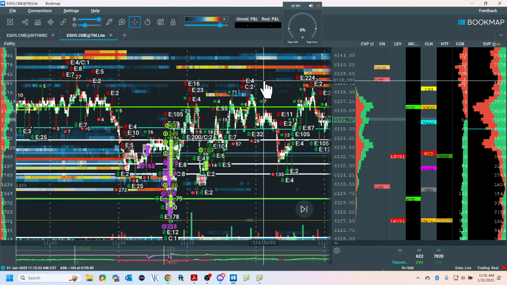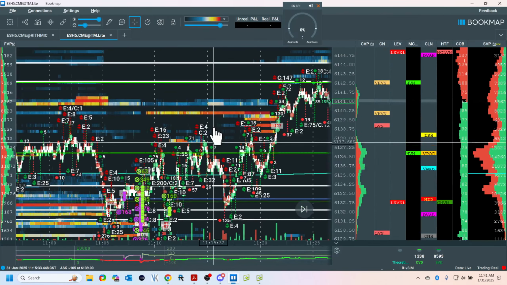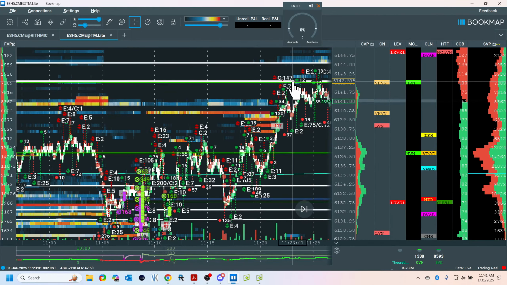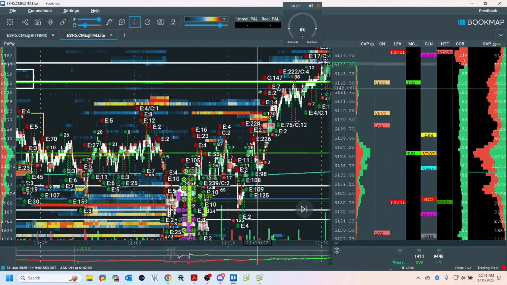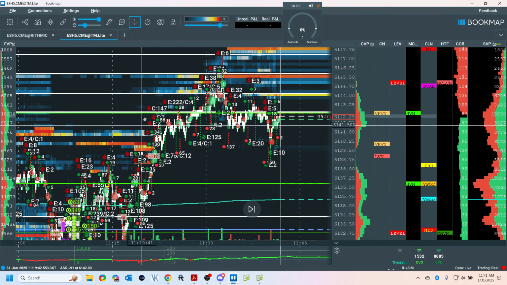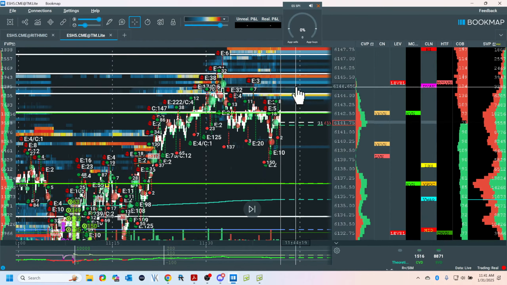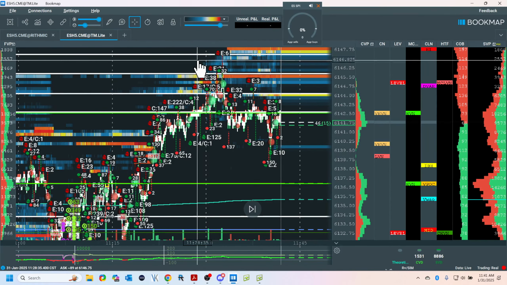Here. Scale. Then what? Wow. Variable high volume node. This is resistance.